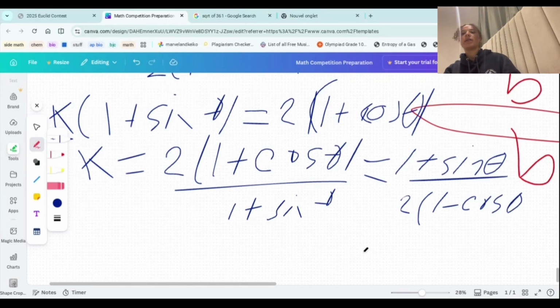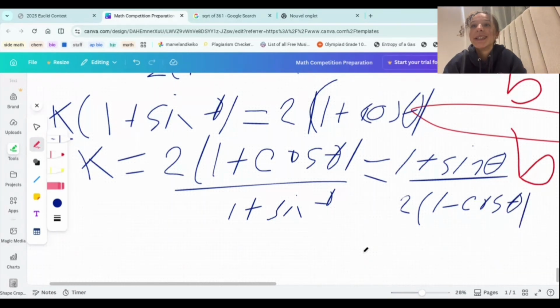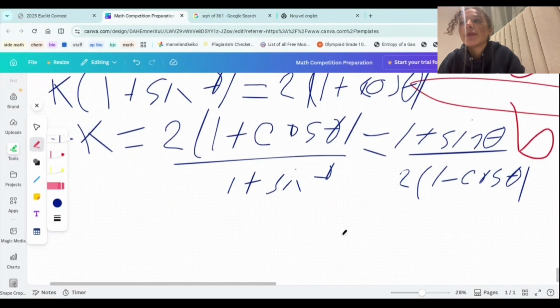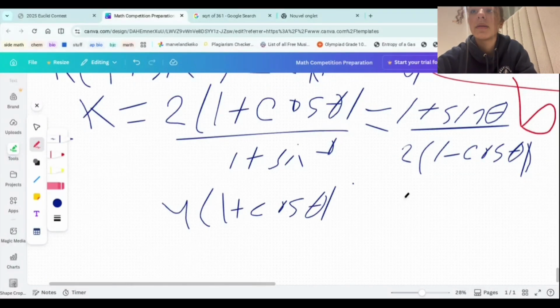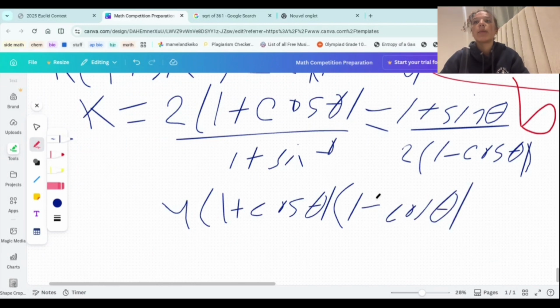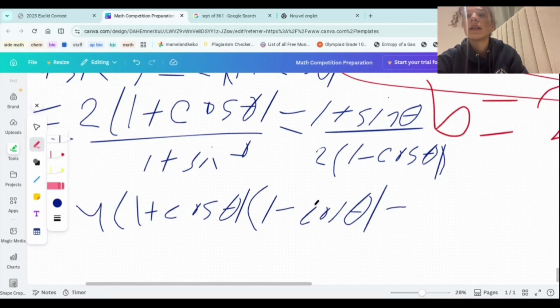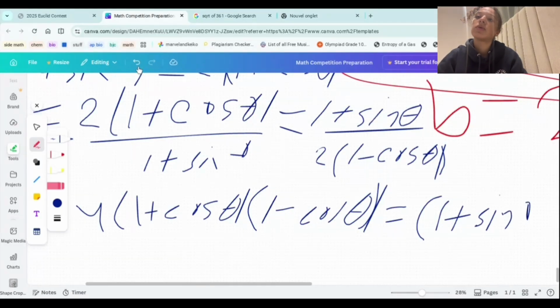So I feel like we're just going to simplify a bit here. These terms are very similar. Okay, so if I multiply 2 times 1 minus cos theta on both sides, I'll get 4 times 1 plus cos theta times 1 minus cos theta, and we know this is an identity, right? Now multiplying both sides by 1 plus sine theta is equal to 1 plus sine theta squared.